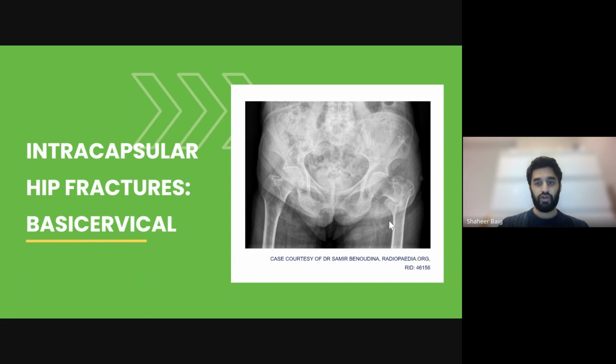When you compare to the right side, you can clearly see that the neck of femur is injured, and this is the fracture line. There's quite a bit of proximal displacement, so you'll see limb shortening on that side in a clinical examination.